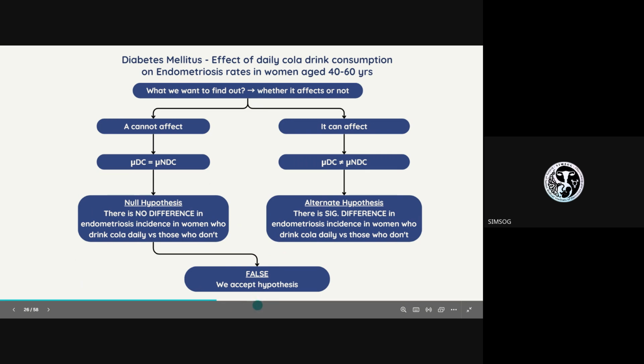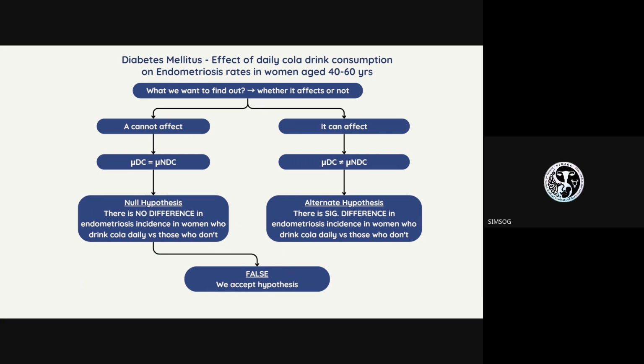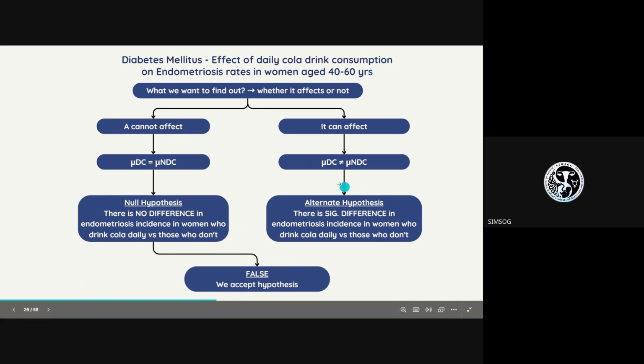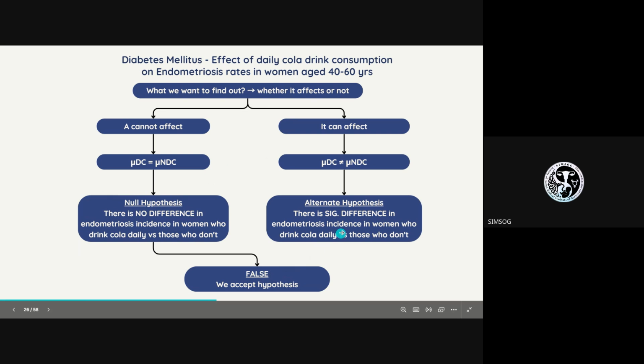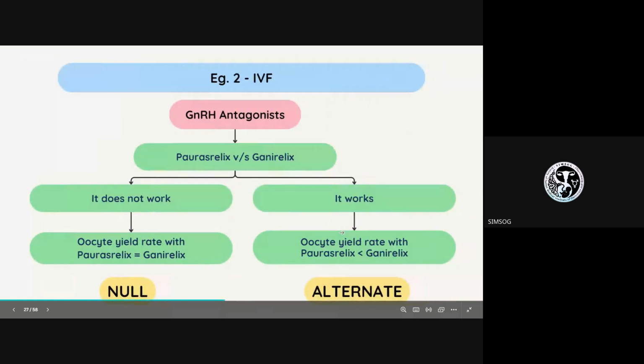So our research statement would be false and we would accept the null hypothesis. Whereas if it really affected, and our study also found similar, our study would find that the mean values are not similar. In such a case we would reject the null hypothesis, and automatically our alternate hypothesis would get proved.